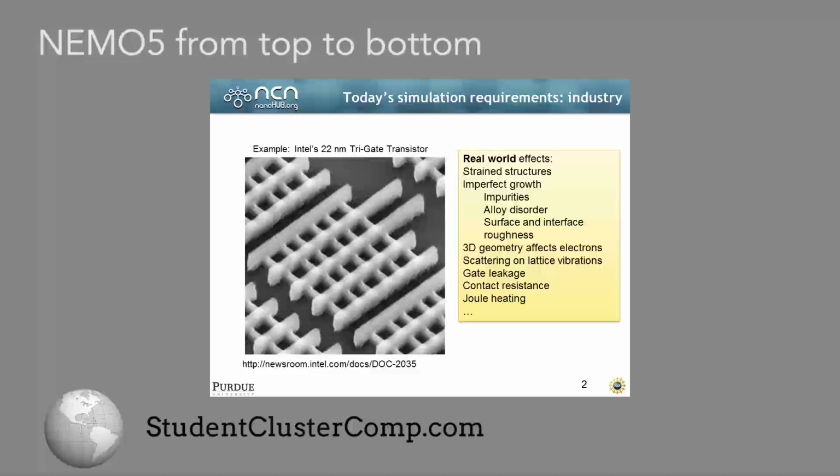Well, a lot of it is for manufacturing processes, but if you look at some of the items listed here, you have alloys. If you're mixing two different elements together, you're not going to have a perfect distribution of those elements. Then you look at things like surface and interface roughness, where you can probably even see it in this picture. You realize that those lines are not straight. No. Let's take a look at the next slide.